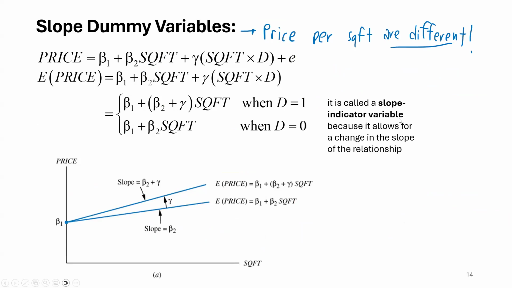If you think the price per square feet must be different, you have to use a slope dummy variable instead. Instead of leaving the dummy alone, you multiply the dummy by its slope. So it is called a slope indicator variable. It allows a change in the slope of the relationship.